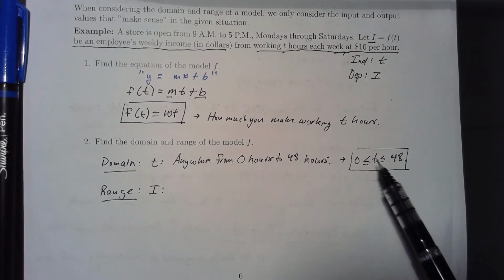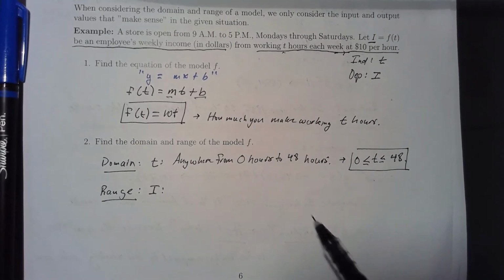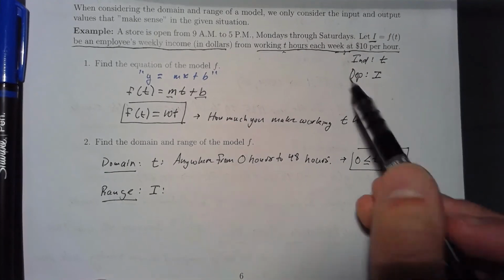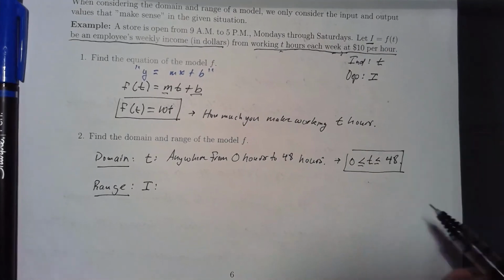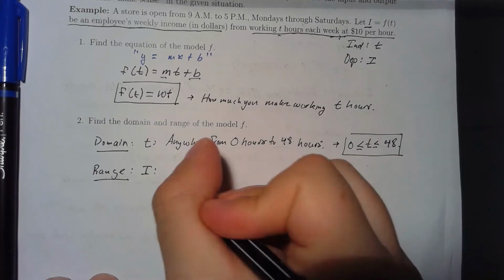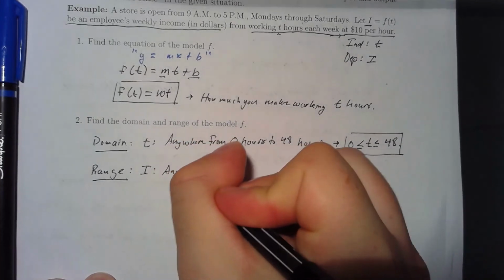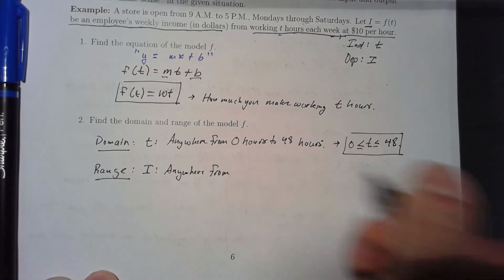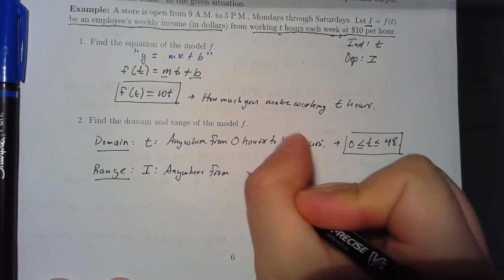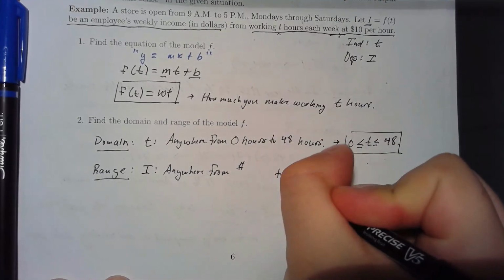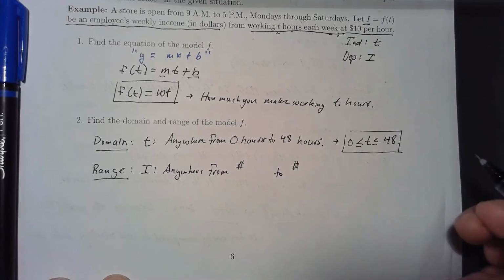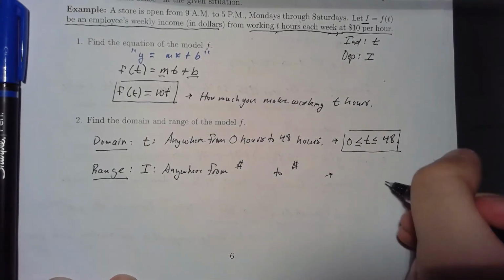If I work 0 hours, I represents the income, right? So this is going to be anywhere from something dollars to something dollars, if I just fill in the blank here.